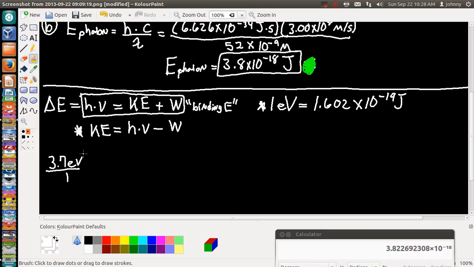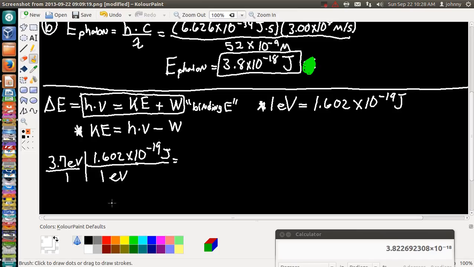We'll put that over 1. And then in 1 electron volt, there is 1.602 times 10 to the negative 19 joules. Alright, that's going to allow me to convert that.